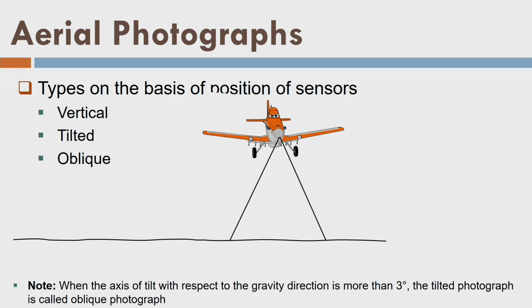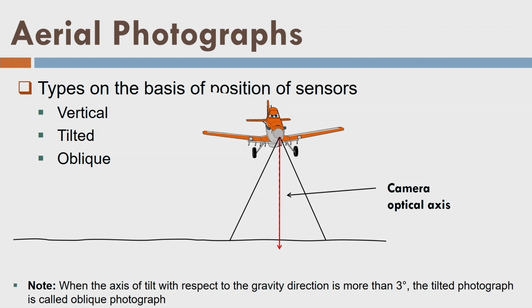So, let us see if I acquire an image, and that is the field of view of the vertical photograph. What is the meaning here? If I draw the optical axis or the camera axis of the camera, which is completely matching with the nadir direction, the nadir or gravity direction of the aircraft, then we call it a vertical photograph.